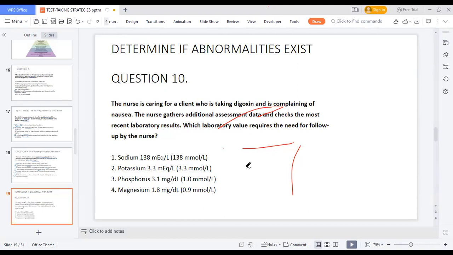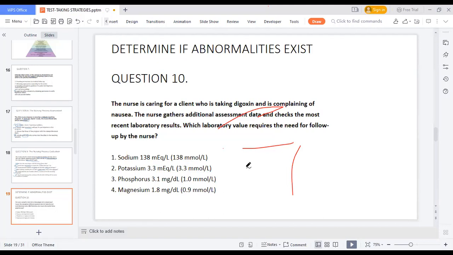Like we've seen questions like ABGs, lab values, and most of them are all correct, then one is wrong. It's likely that is the one they are asking. Or they ask you which of the lab values shows that this medication is effective.